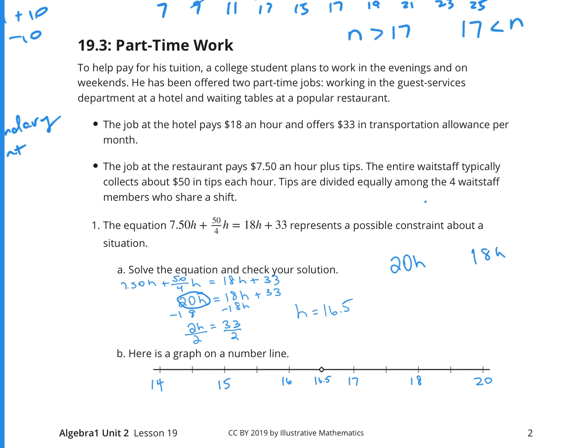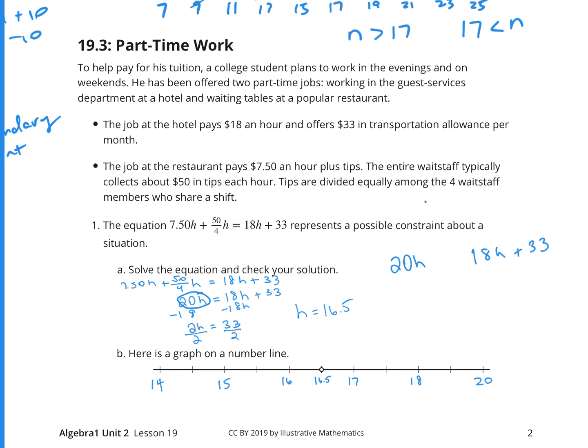And where it gets a little tricky is that this hotel also has that $33. So initially that $33 has more of an impact on the amount of money they bring home when they're not working as many hours. But the more hours you work, the farther those two rates really impact each other. And we see that it really makes more sense to work at the restaurant.